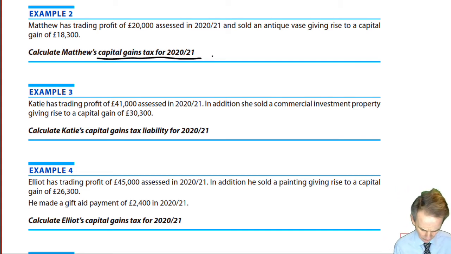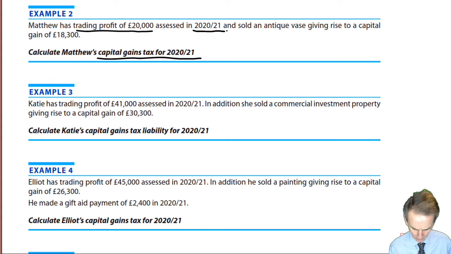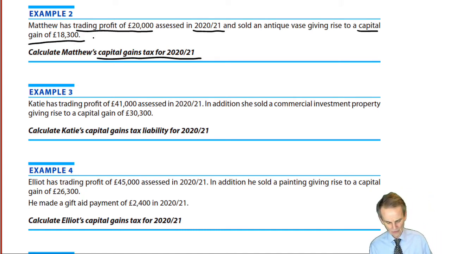So what have they told us here? Matthew has a trading profit of £20,000 to be assessed in our 2021 tax year, and sold an antique vase, giving rise to a capital gain of £18,300. So we don't have the taxable income, we don't have the taxable gains.